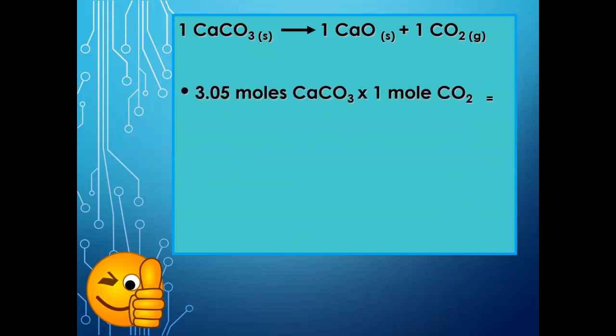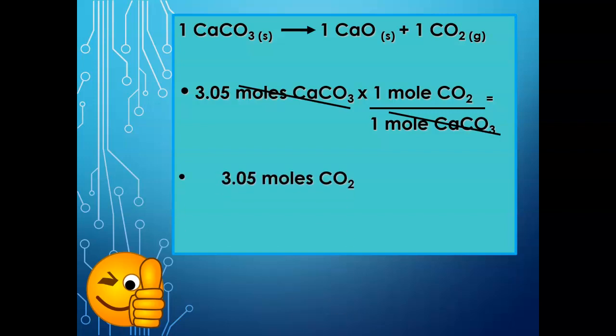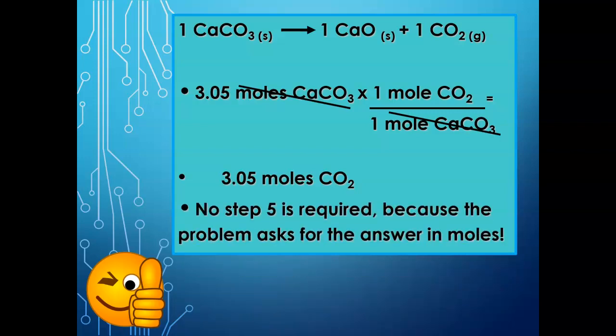I know I have 3.05 moles of calcium carbonate. That is going to make 1 mole of carbon dioxide for every single mole of calcium carbonate that I start with. I can cancel out my units, and that gives me 3.05 moles of carbon dioxide. That's what we're asked for. Answer is in moles. We are done. That is the final answer.